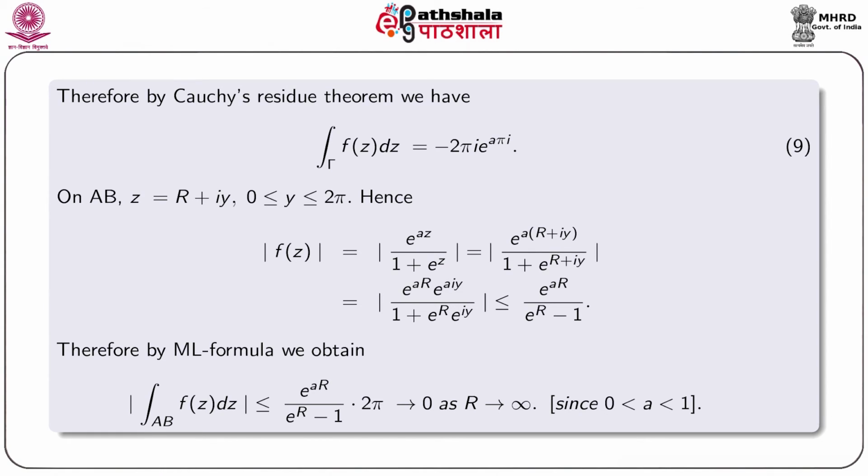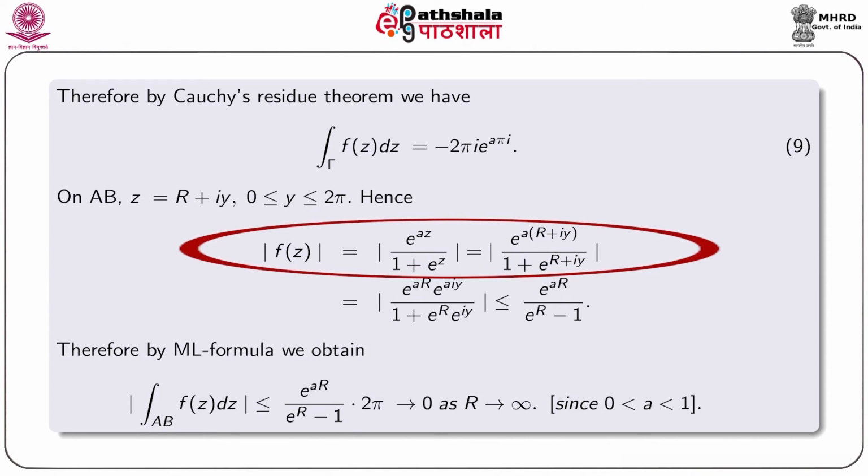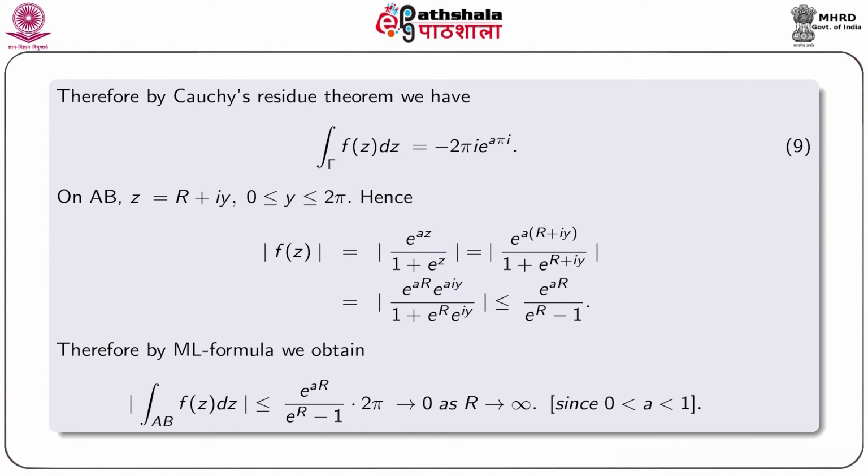Now, on AB, z equal to r plus iy, where 0 less or equal to y less or equal to 2 pi. Therefore, mod f(z) equal to mod of e to the power az by 1 plus e to the power z, that is equal to modulus of e to the power a(r plus iy) by 1 plus e to the power (r plus iy), which is obviously less or equal to e to the power ar by e to the power r minus 1.